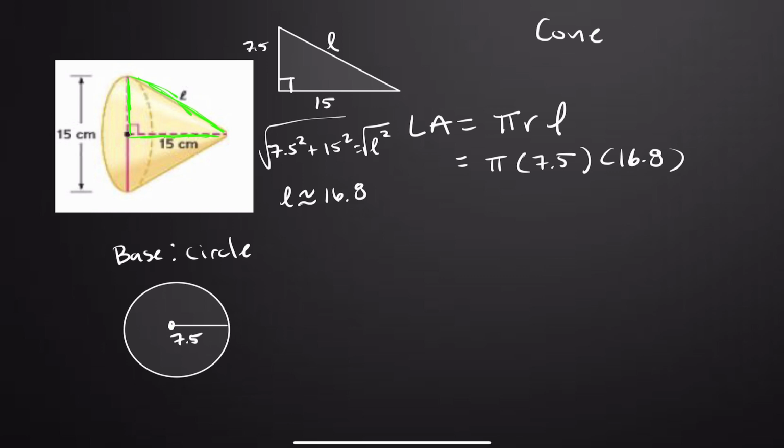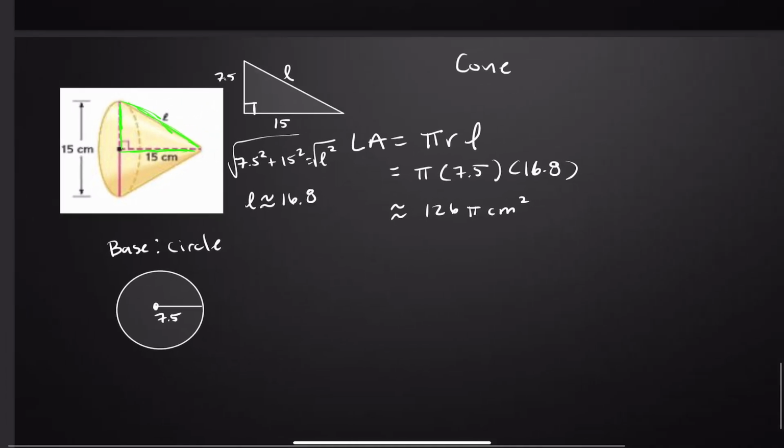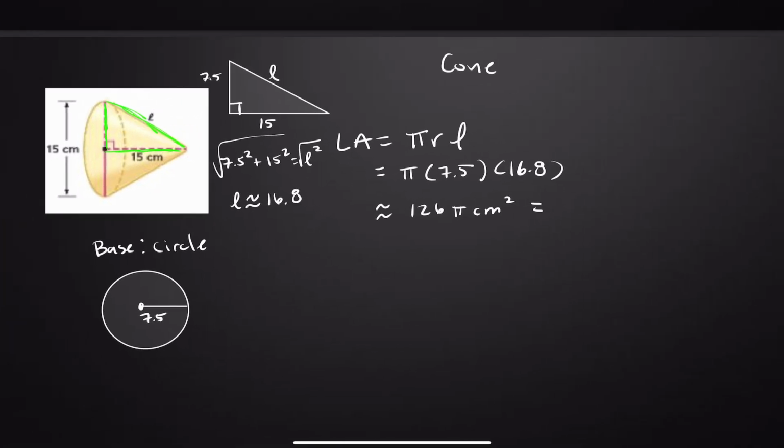Okay, so let's leave it in terms of pi. So I'm going to do 7.5 times 16.8. That's approximately 126 pi centimeters squared. Or if you're multiplying with the pi, it is 395.8 centimeters squared.